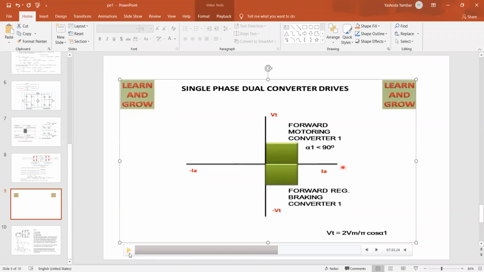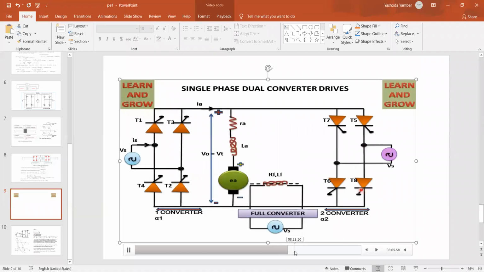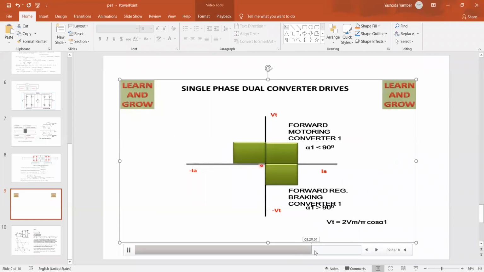So with firing angle greater than 90. Now the same motor, I want the electric train to move in the reverse direction. This is achievable here with the next circuit, converter 2, which says that again the flow of current will be in the opposite direction. Okay, so reverse generating this one.